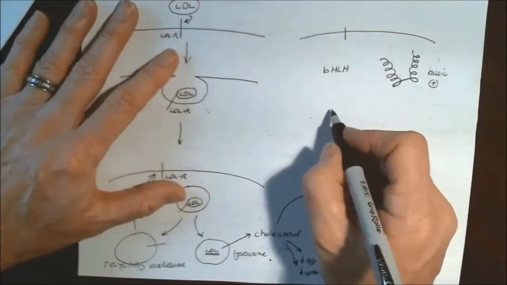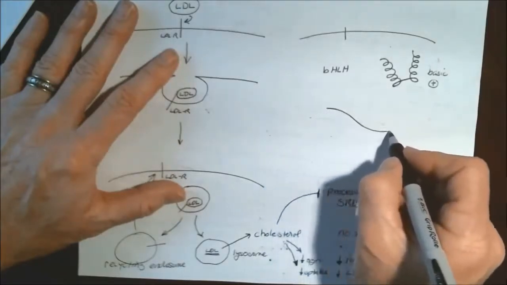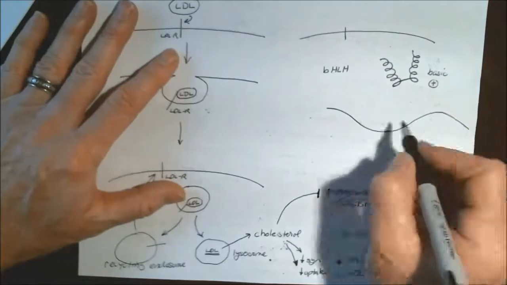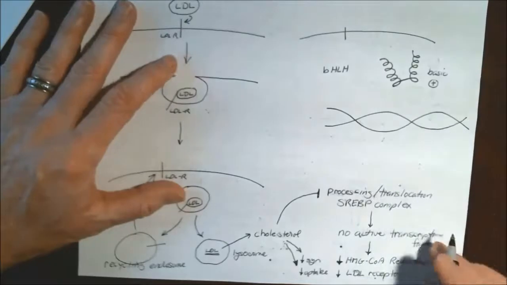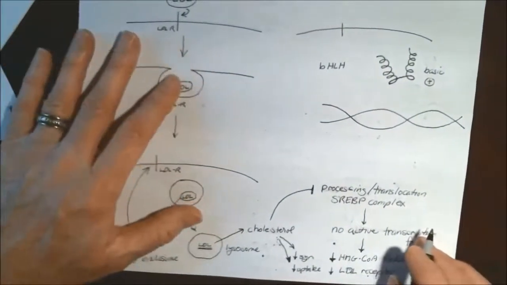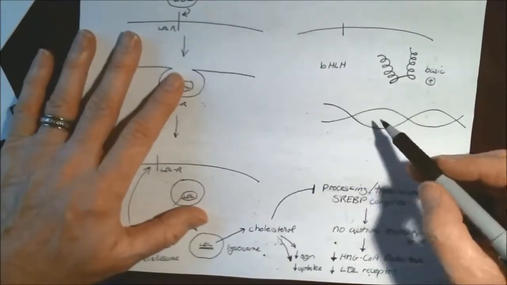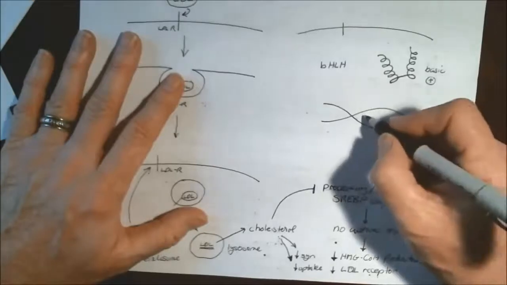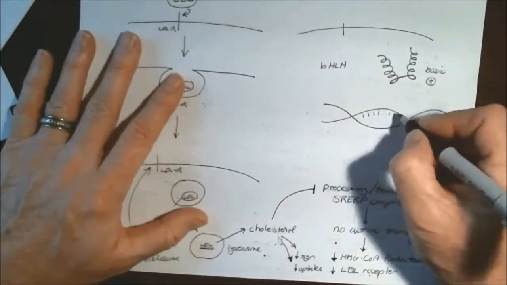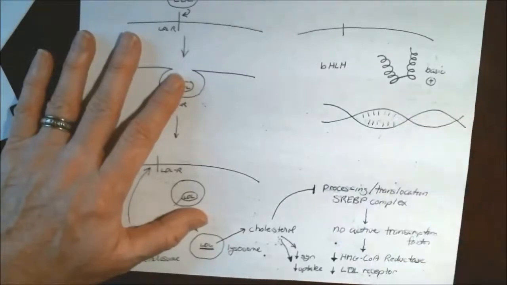Now recall, when you have the DNA helix, here's our double helix, you have what's called a major and minor groove. And that major and minor groove is formed because of the intertwining and base pairing of the bases, the nucleic acid bases.